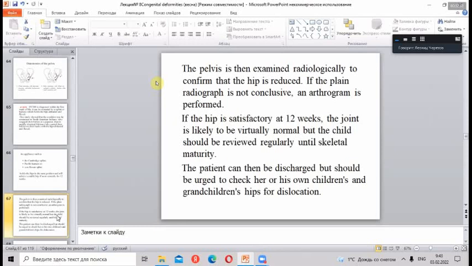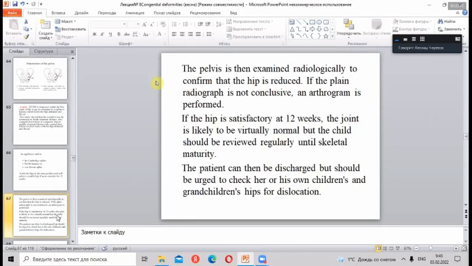If the plain radiograph is not conclusive, an arthrogram is performed. If the hip is satisfactory at 12 weeks, the joint is likely to be totally normal, but the child should be reviewed regularly until skeletal maturity.